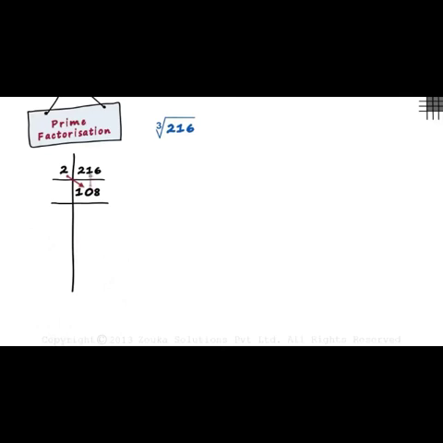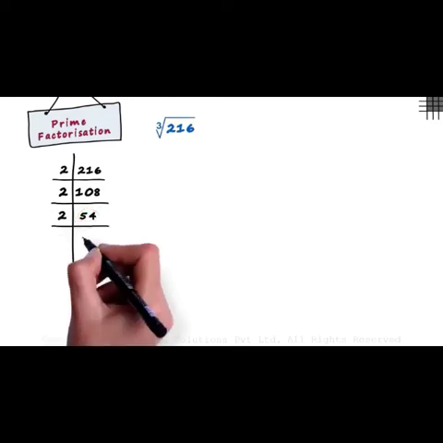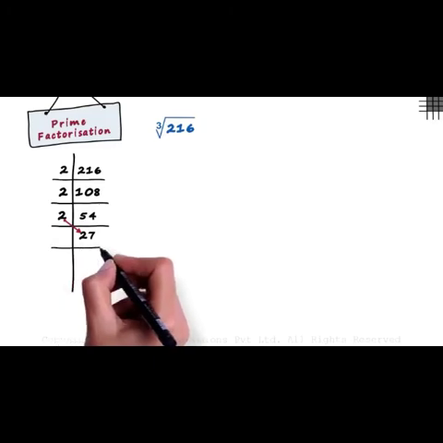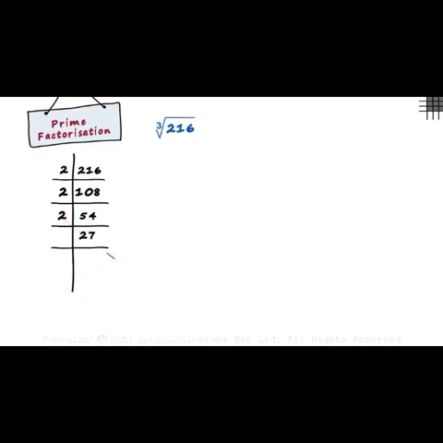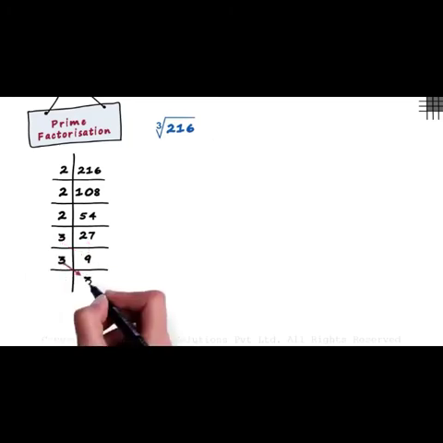Next, 108 divided by 2 gives 54. Next, 54 divided by 2 gives 27. 27 divided by 3 gives 9. 9 divided by 3 gives 3.